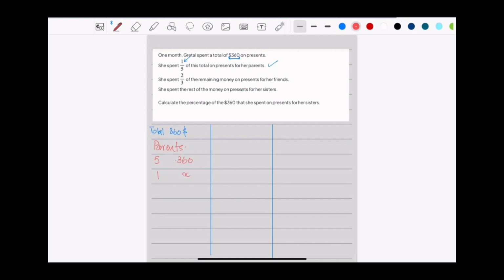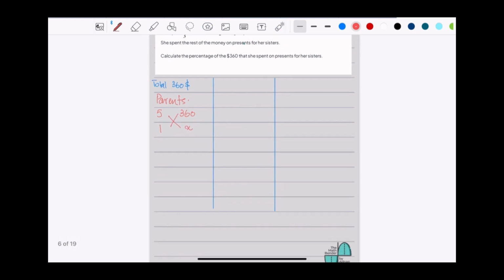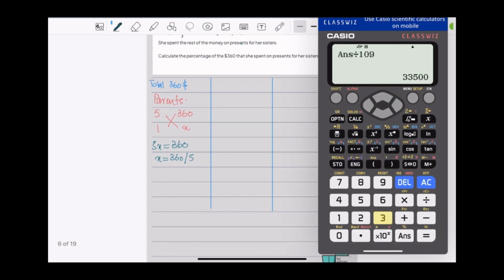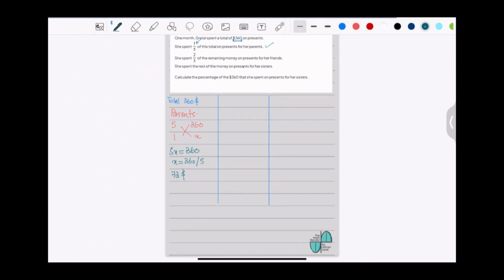So I write x here. So this is going to be 5x is equal to 360, and x is equal to 360 over 5. So 360 over 5 gives you 72. So she spent $72 buying presents for her parents.